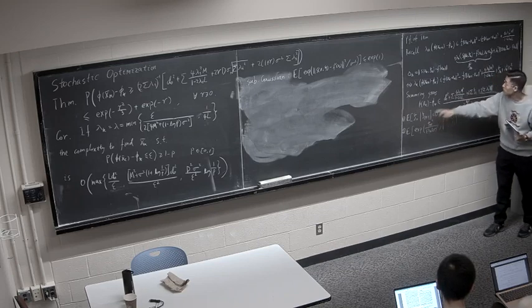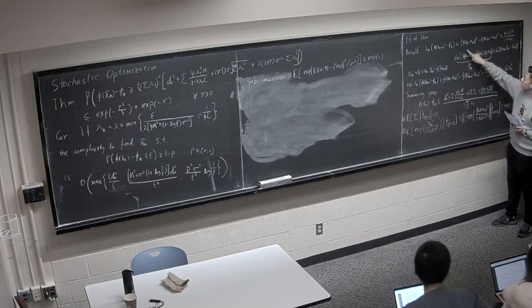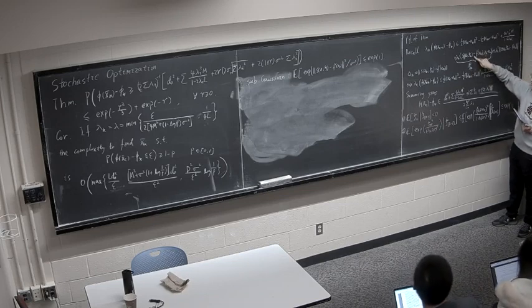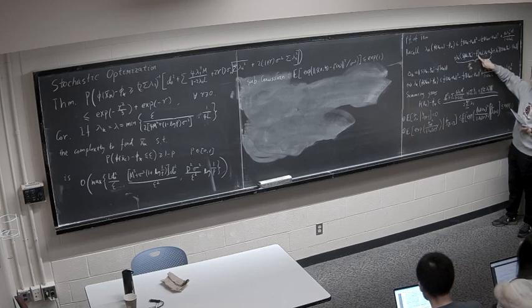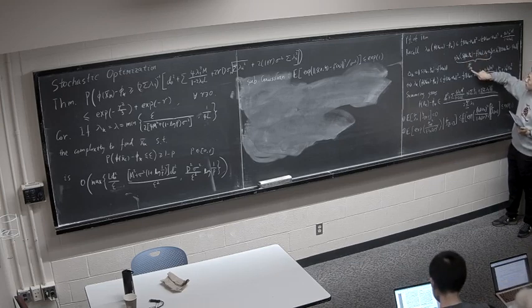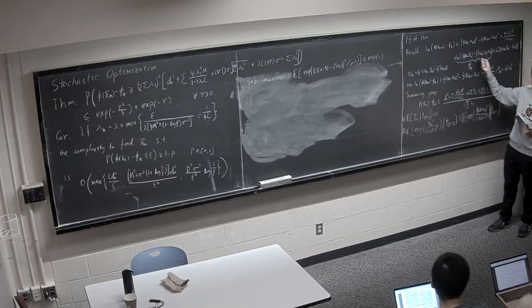So if you take the expectation of this zeta k, you only take the expectation of this difference term, right? And because of the unbiasedness of this stochastic subgradient oracle, the expectation of this s is equal to f prime, right?